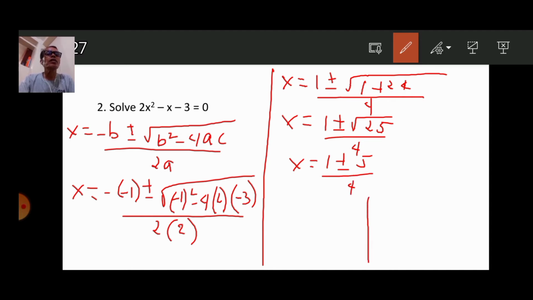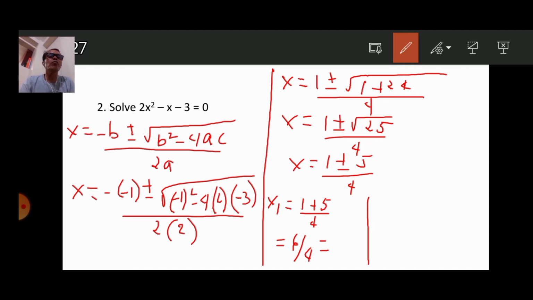Separate the plus and minus sign of 5. You will have x sub 1 is equal to 1 plus 5 over 4, which is equal to 6 over 4, which is equal to 6 and 4 has a common factor which is 2.